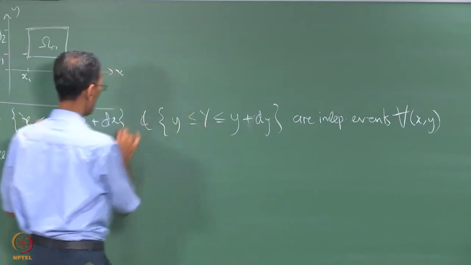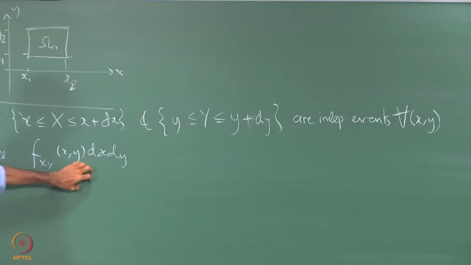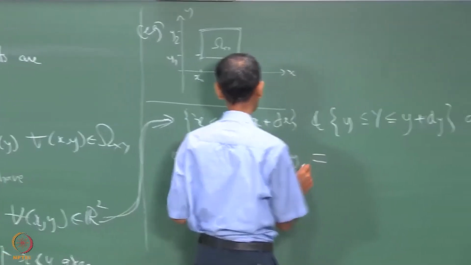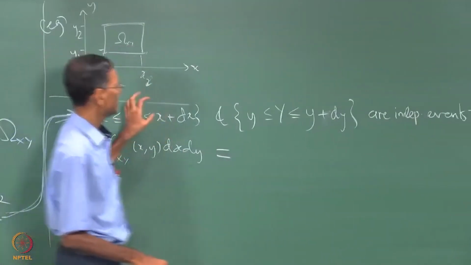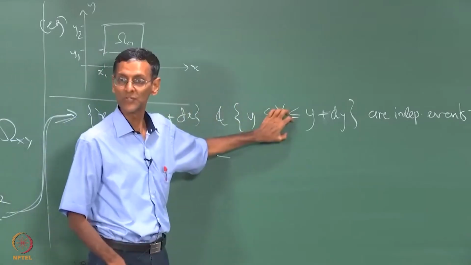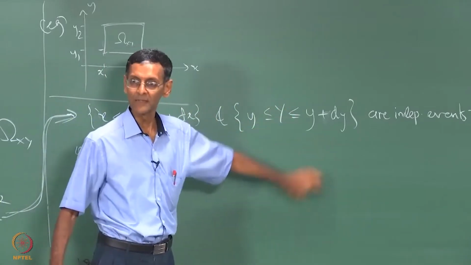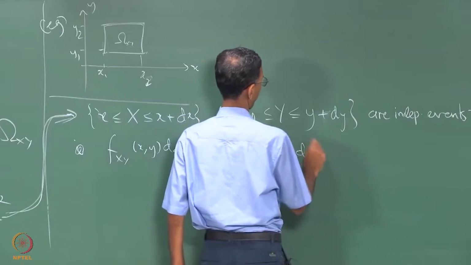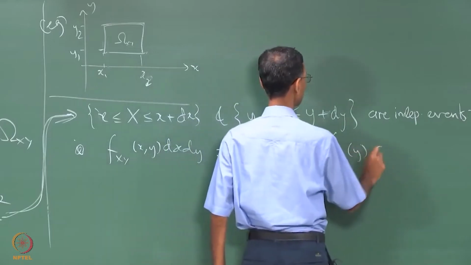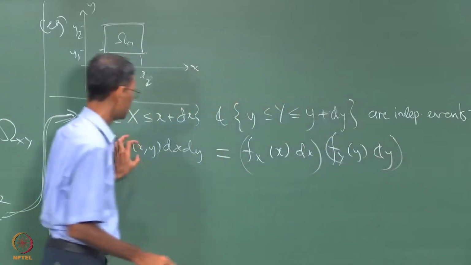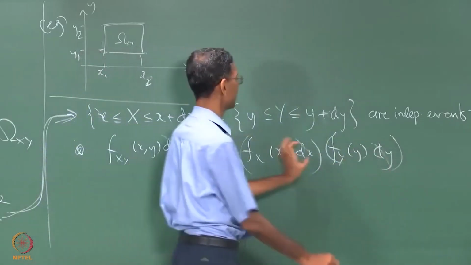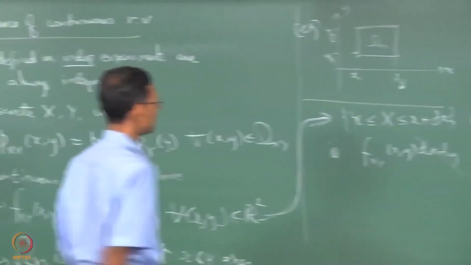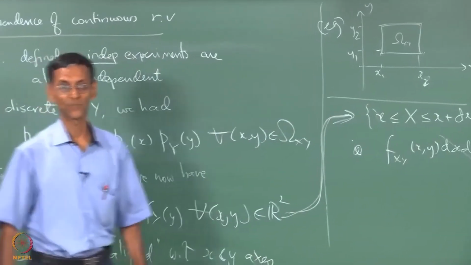For this event, it always has this joint probability by the definition of the joint density function itself. If you say it is independent, then it will be the product of these two, which is fx(x) dx into fy(y) dy. So this factorization happens, which is equivalent to saying, of course you can always cancel these two, and say this must be equal to this times this. That's the justification for making this statement out here in terms of the density functions.